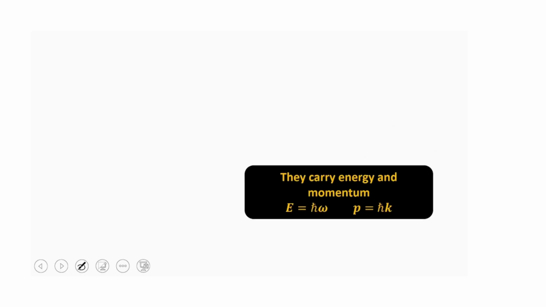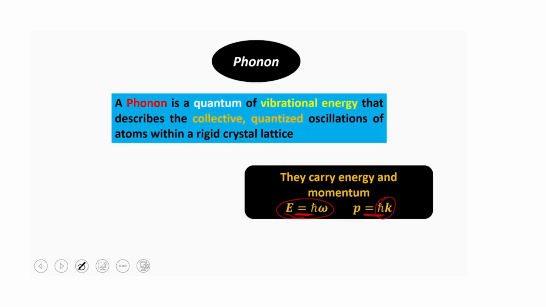They carry momentum and energy given by the expressions E equals h omega and P equals h k. If we define a phonon, the phonon is a quantum of vibrational energy that describes collective and quantized oscillation of atoms within a rigid crystal lattice.